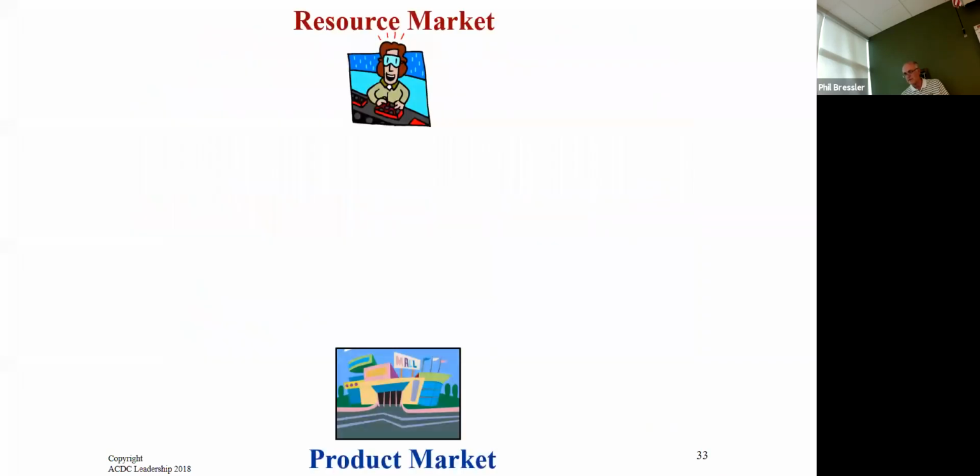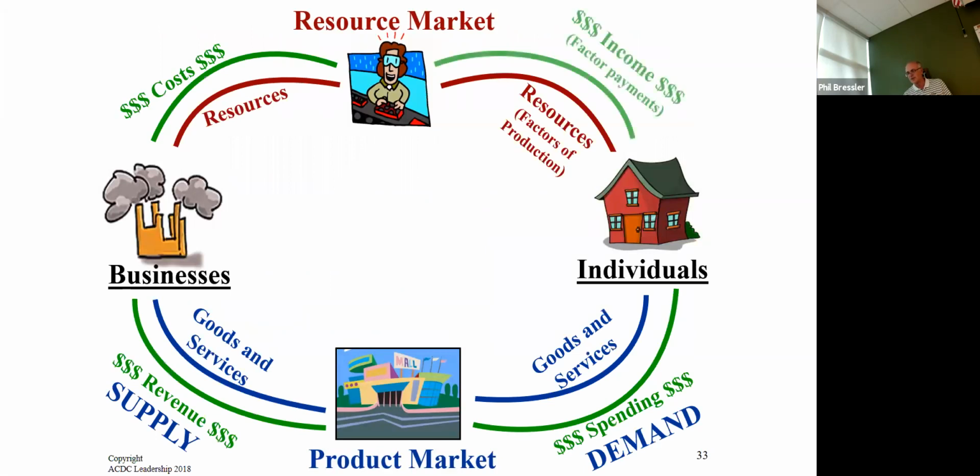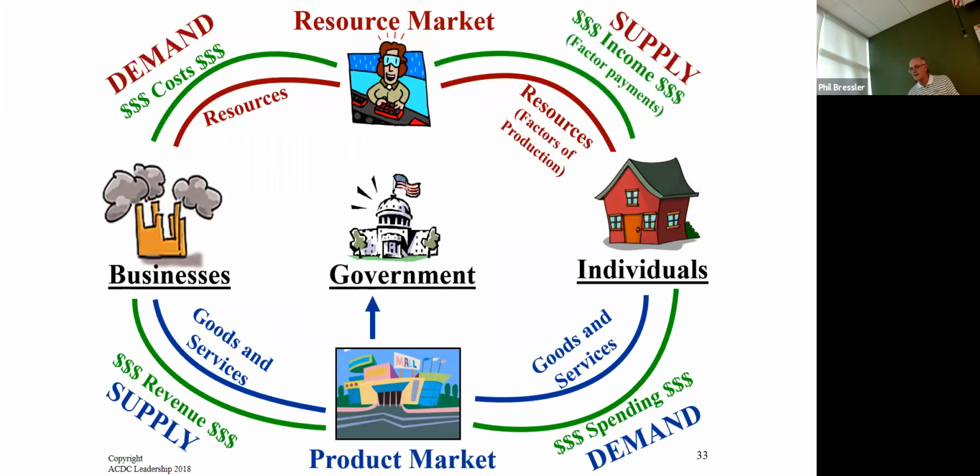All right. Here we go. Good old circular flow. Just remember the product market. Individuals demand goods and services. They spend money. Businesses supply the goods and services.